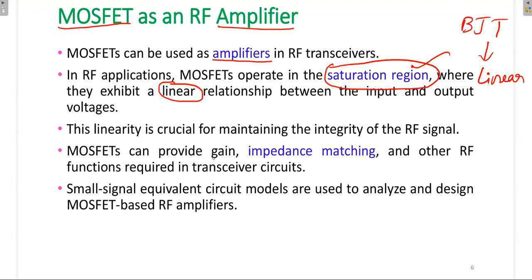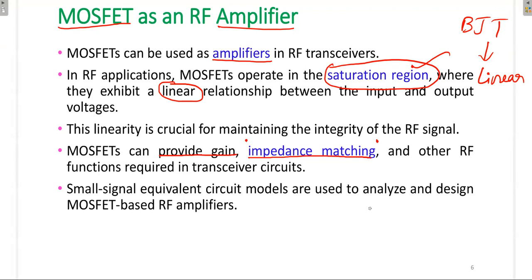Then MOSFET can provide gain and mainly proper impedance matching. Impedance matching in the sense that to design a perfect amplifier, we must have proper input impedance and output impedance.